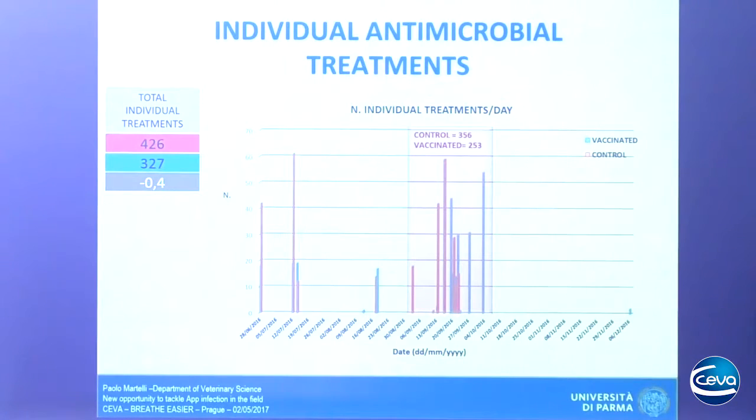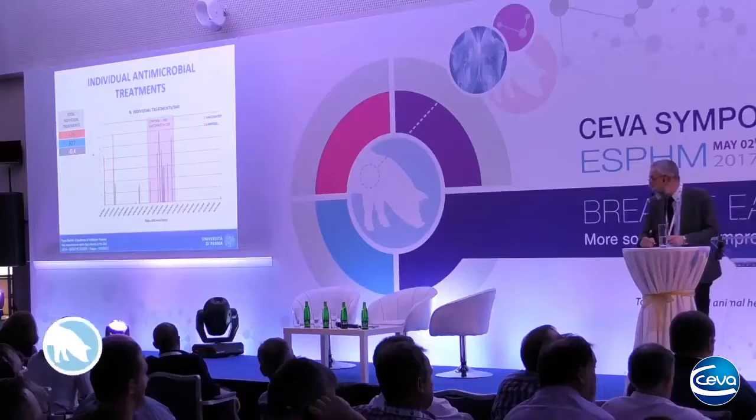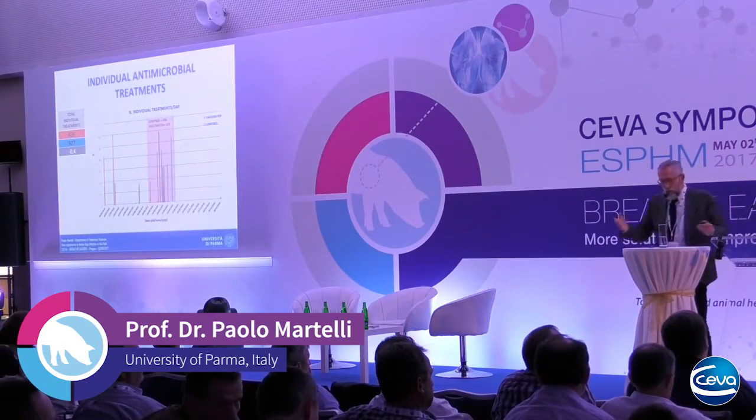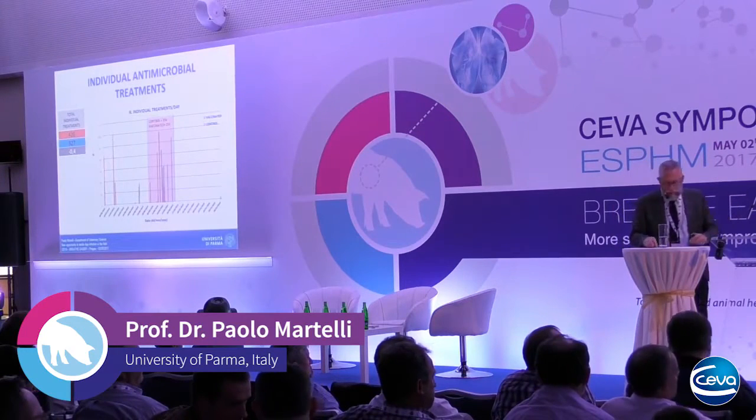Okay, the number of injections in the control group was 356 in 250 pigs of the group, and in the vaccinated 253 out of 250 pigs. Okay, so there are pigs that receive more than one injection, of course.